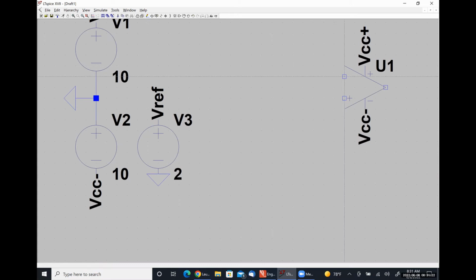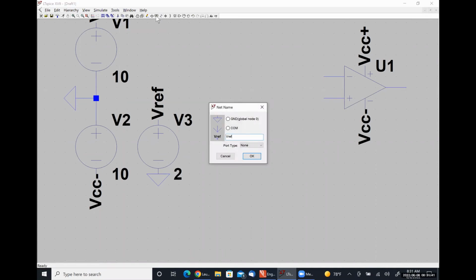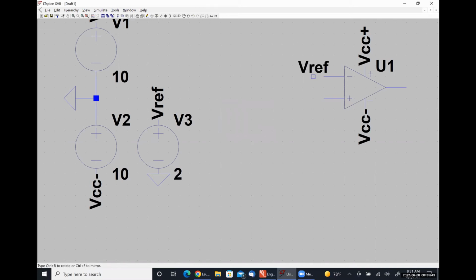To make myself a little more comfortable, I'm going to give a little stub of wire here for me to use. It shouldn't matter, but I think it looks cleaner than having the text abutting up against the component itself. So VREF is applied to the inverting input node.